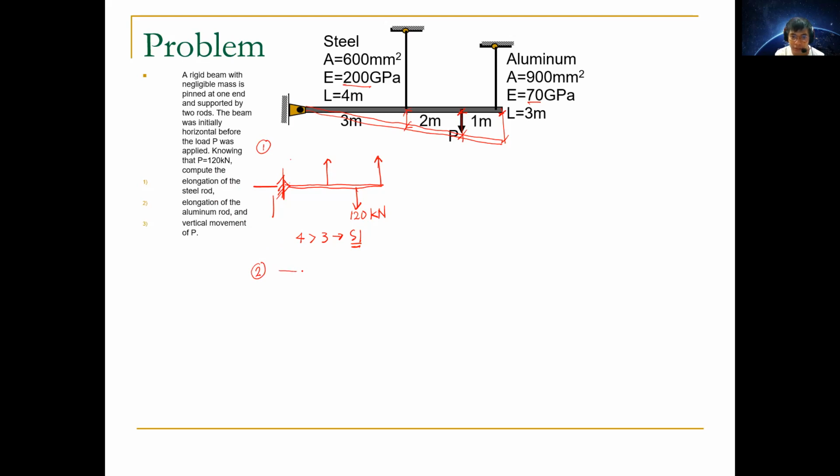So let's write first the triangle again according to the deflection. Let's say this one is 3 meters, and going towards here is another 3. This one is the deflection coming from the steel, and this is the deflection coming from the aluminum.